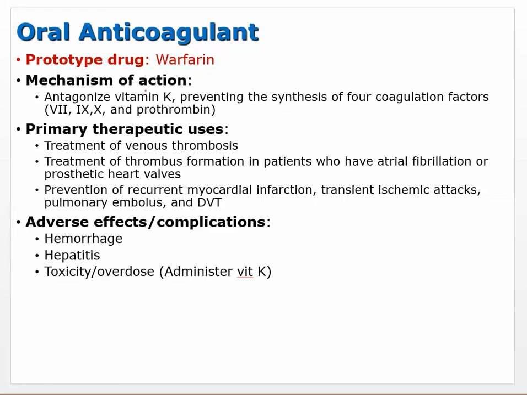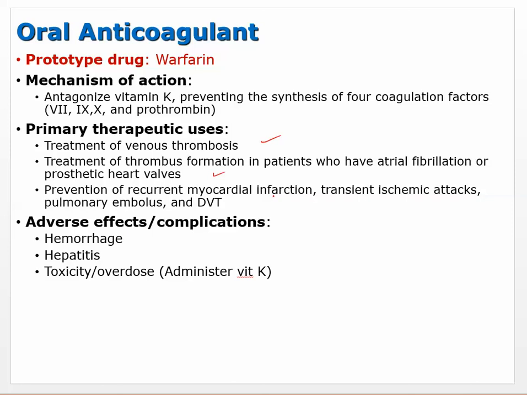Warfarin. So warfarin is our vitamin K antagonist. It blocks vitamin K, which prevents the synthesis of the four coagulation factors that vitamin K is a cofactor for. Treatment in venous thrombosis, treatment of thrombus formation in patients who have atrial fibrillation or prosthetic heart valves.